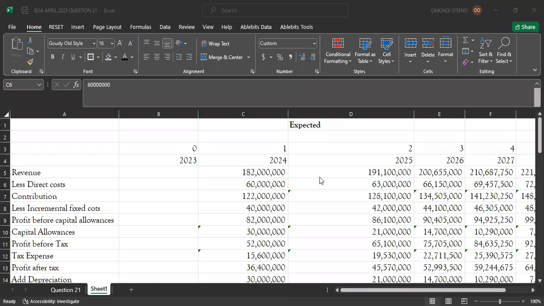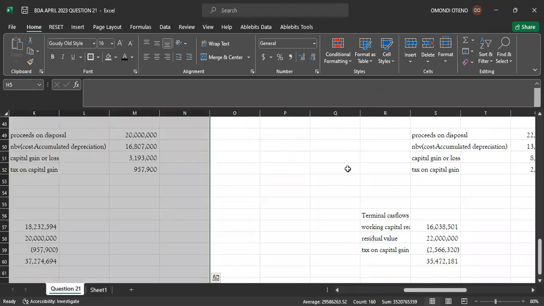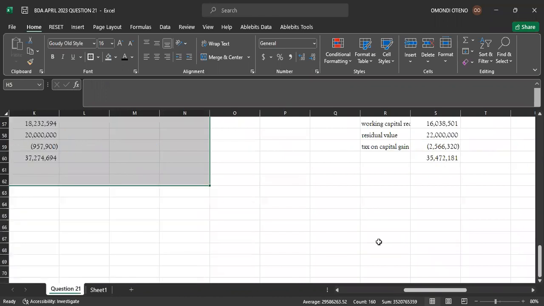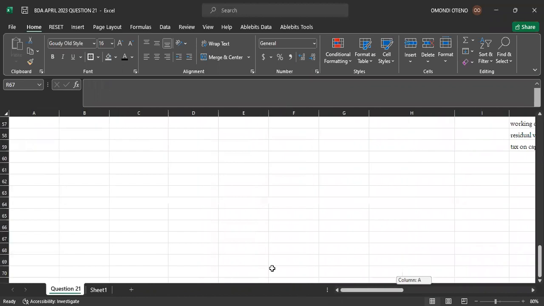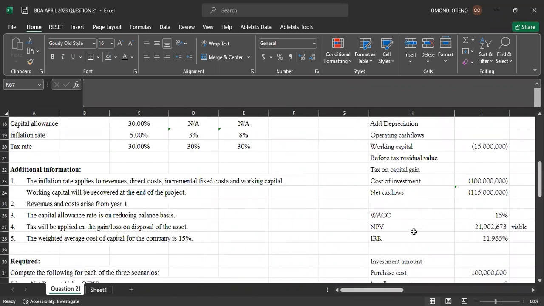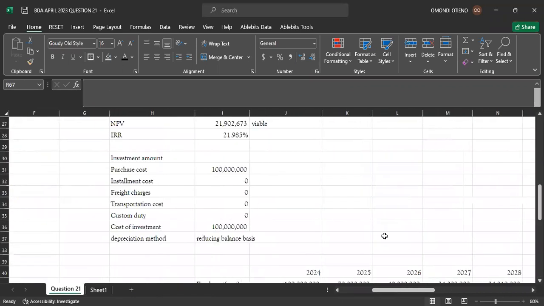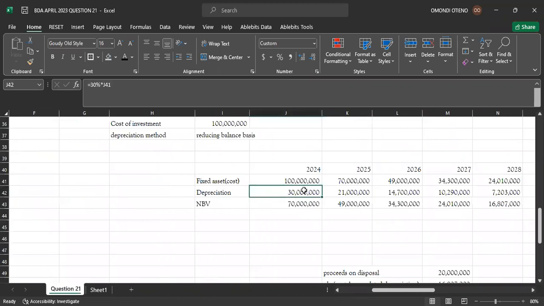So the capital allowances, they are changing because, remember, they depend on what? Look at what the capital allowances depend on. Our capital allowances depend on this value here, the fixed cost. 30% of 100 million is 30.